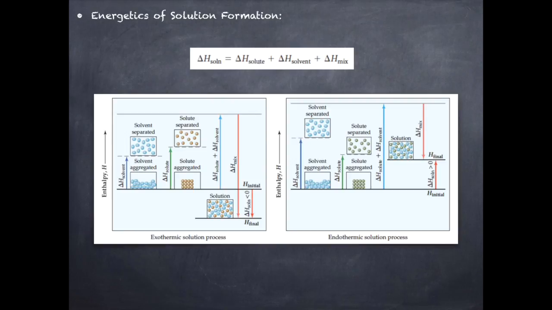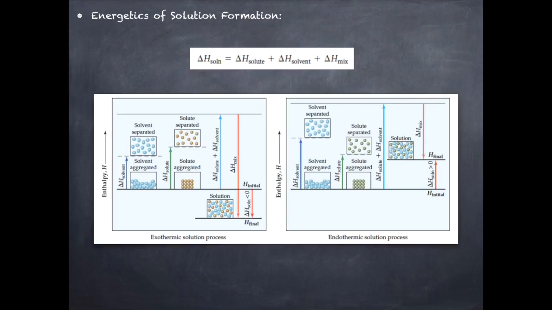So let's look at the energetics. The enthalpy of solution equals the change in enthalpy of the solute plus the change in enthalpy of the solvent plus the change in enthalpy in the mixture. So let's actually look at what each of those terms means. For the enthalpy of the solute, that is the energy that must be provided in order to break the solute-solute interactions.